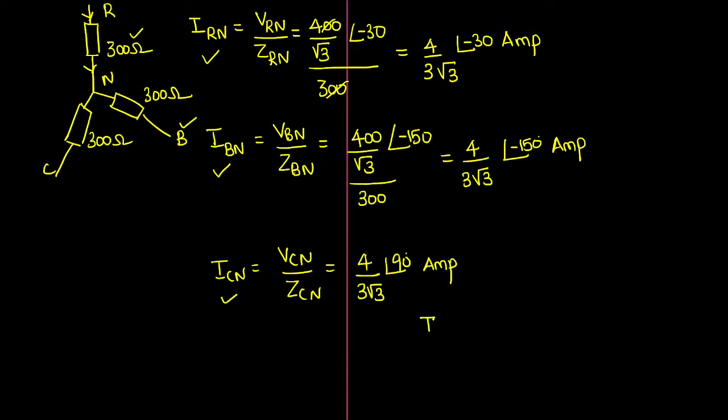Now, may I know the value of IRN plus IBN plus ICN? Anyone? Tell me what is the addition of all this quantity. Let us see.